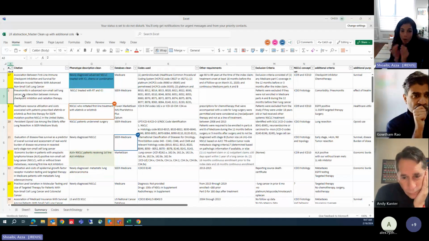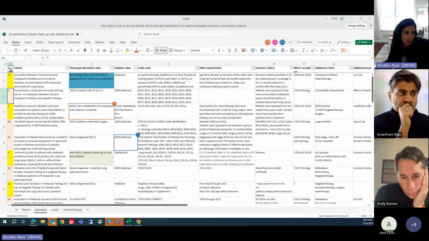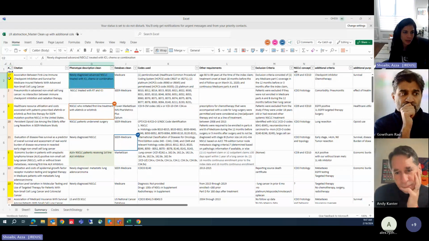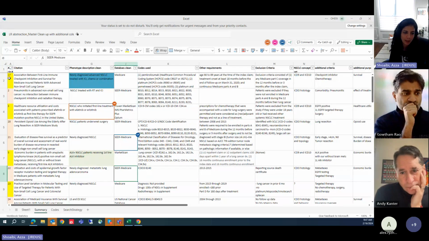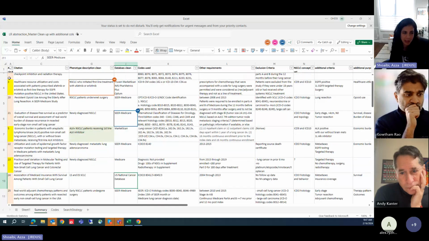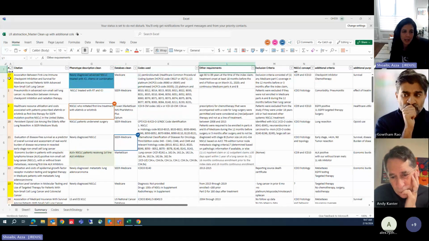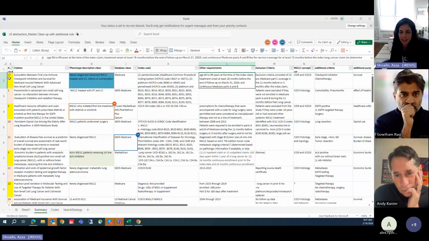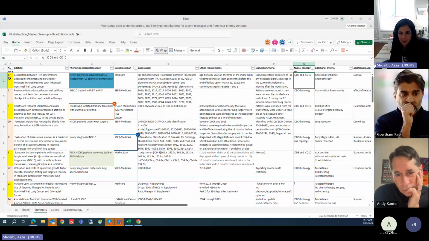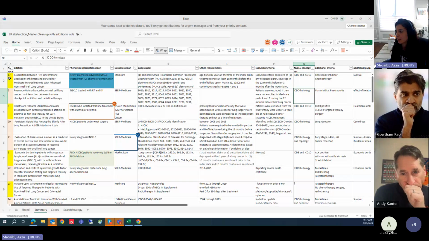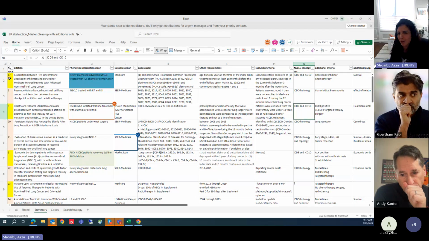Now, if you only look at those yellows, which are mostly Medicare, Optum, and MarketScan, with claims and EHR, then you can focus on only ICD-10 and ICD-9 codes. And you can then talk about whether those are the same or different. It is a good question. However, you're going to see some level of heterogeneity. And yes, we can focus on this.